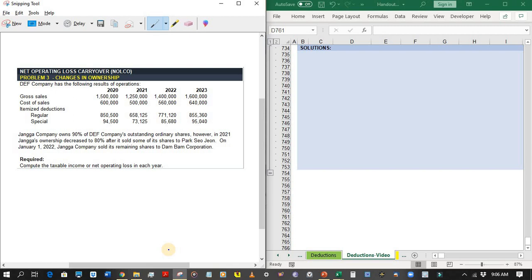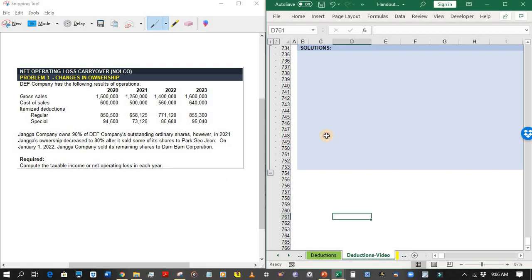However, in 2021, Janga's ownership decreased to 80% after it sold some of its shares to Park Sojon. On January 1, 2022, Janga Company sold its remaining shares to Dambam Corporation. So let us compute the taxable income or net operating loss in each year.